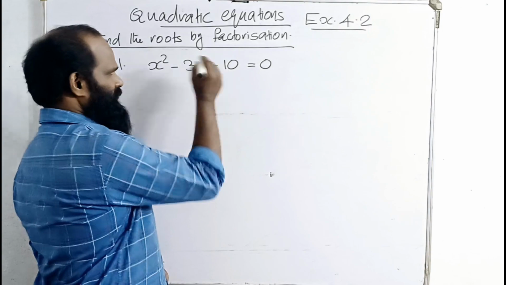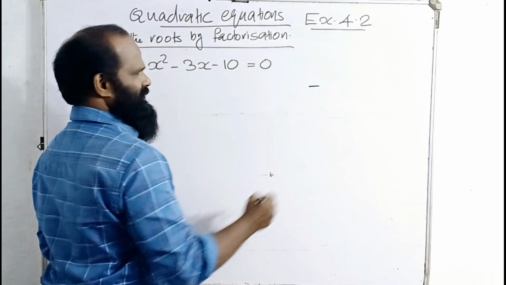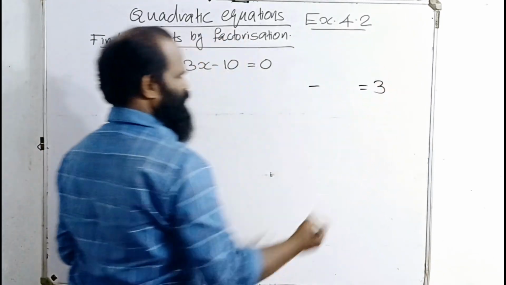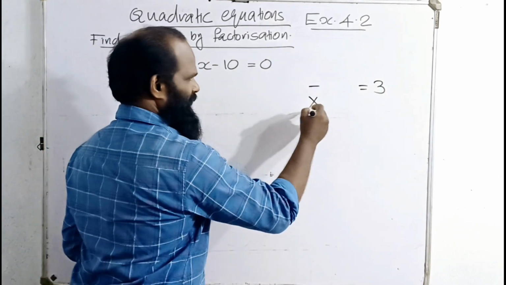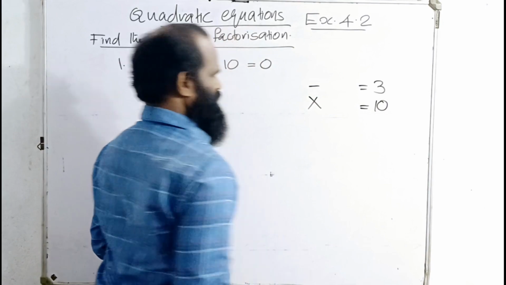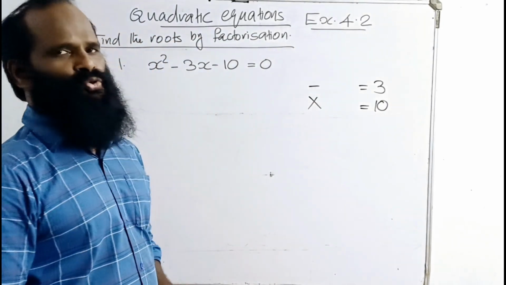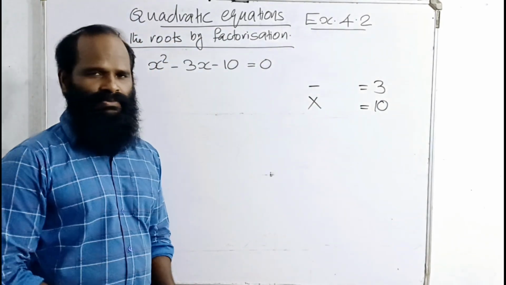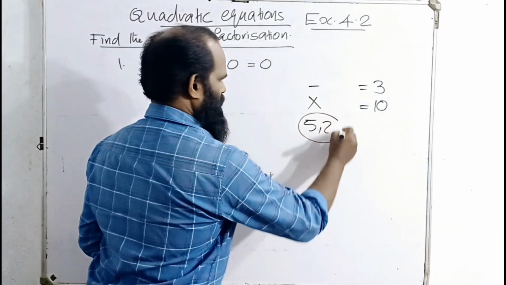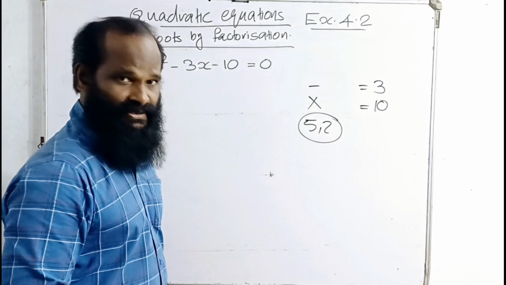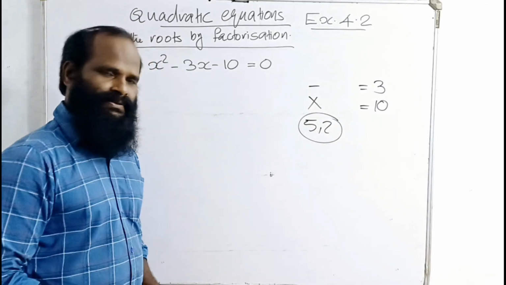So subtract two numbers to get the middle term 3, multiply them to get 10. What are such two numbers? Definitely 5 and 2. I'm sure these numbers are the ones which have come to your mind.